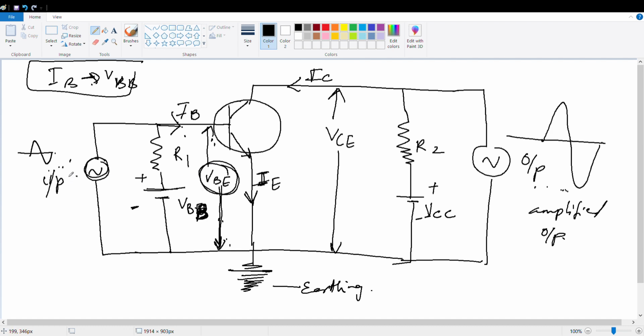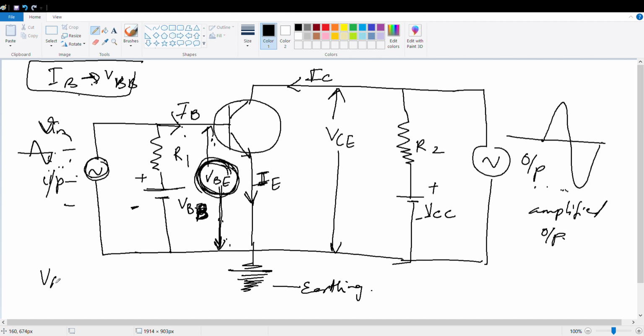But now I have attached a signal. Now IB is no more dependent only on VBB. What is it dependent on also? V input. Before, IB was only dependent on VBB. Now there is an additional term; you see the definition I wrote. Other than the source, there is an additional VBE also.